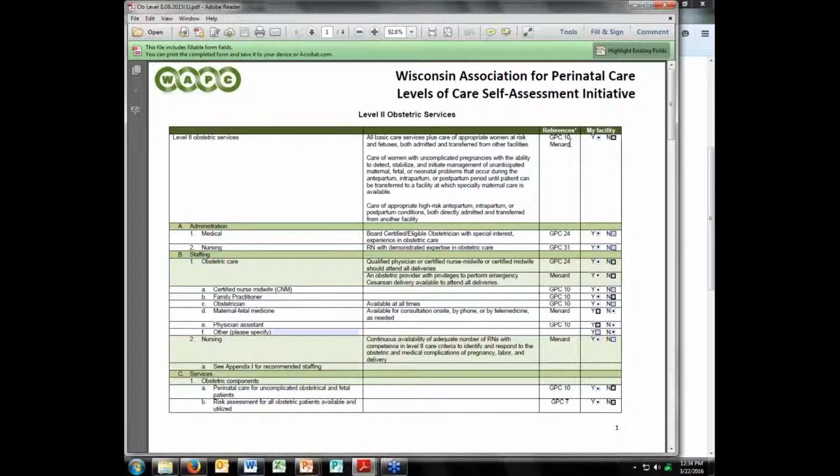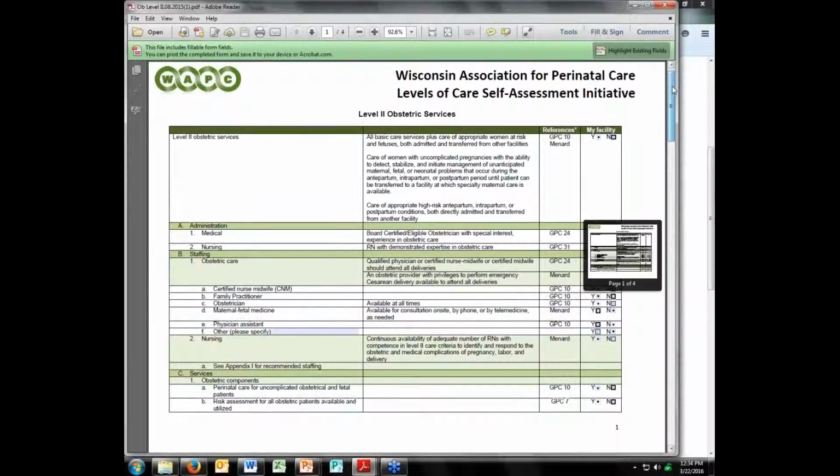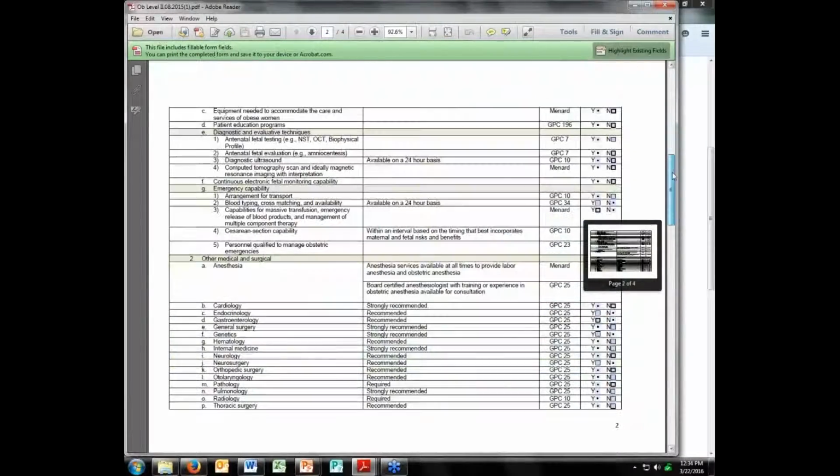If it says Menard, that comes from the ACOG, Society for Maternal-Fetal Medicine Maternal Levels of Care article, policy statement, so that if you ever wanted to see where these came from, you could go back and do that. And then we have these radio buttons for yes or no, and they should all work appropriately now. But the general format for all these forms is the same.